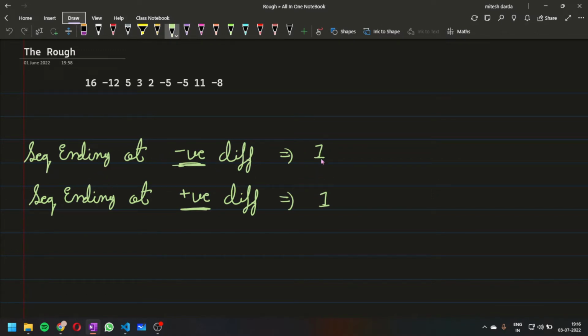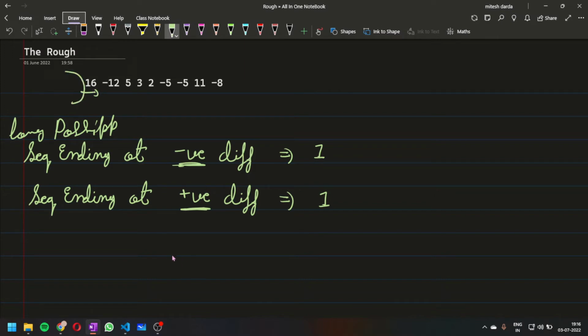So this is the length of the longest possible subsequence ending at a negative difference, and the longest possible sequence ending at a positive difference. Now we encounter a positive value.